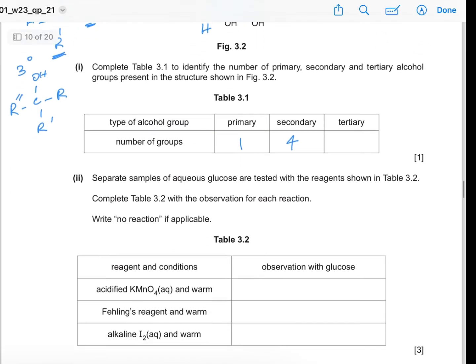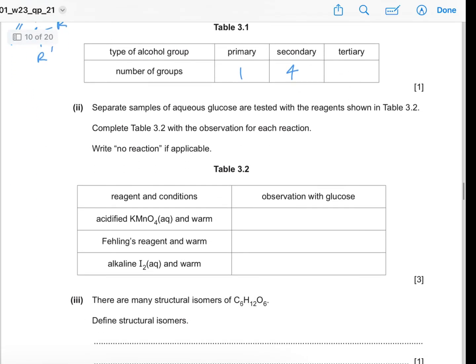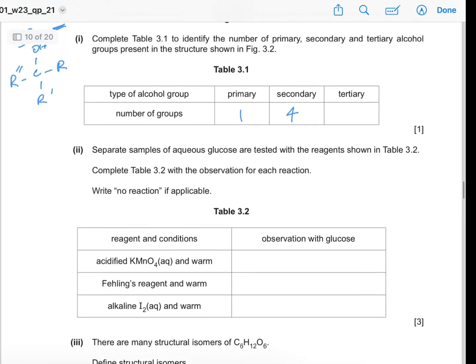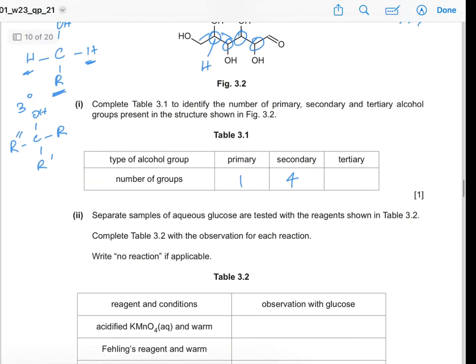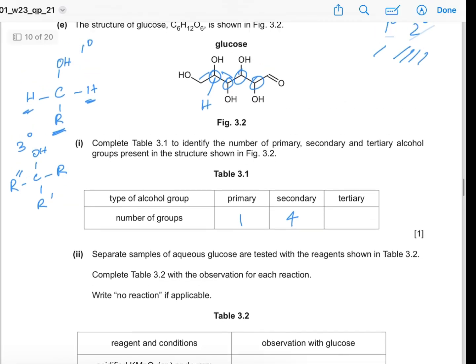Two separate samples of aqueous glucose are tested with the reagents shown in table 3.2. Complete the table with the observation of each reaction, and you can write no reaction if that's applicable. So you start with aqueous acidified potassium manganate, which is warm. This is an oxidizing agent.